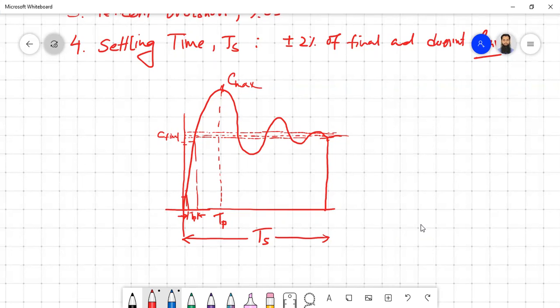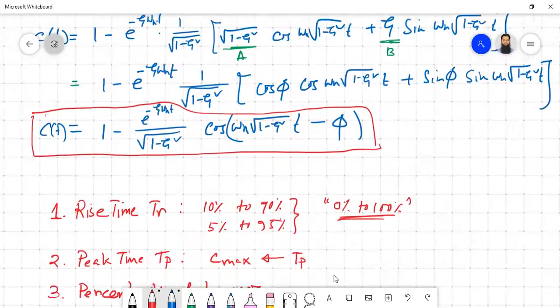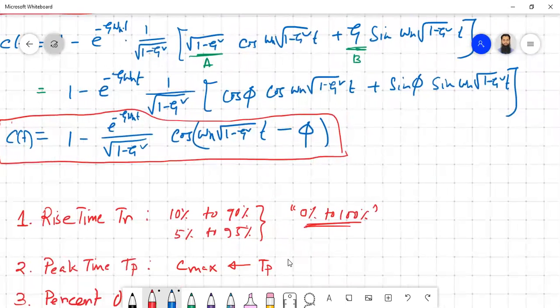Okay, so let us try to derive the formula for all these four parameters. Before that, one thing should be added as a side note: what is actually phi.